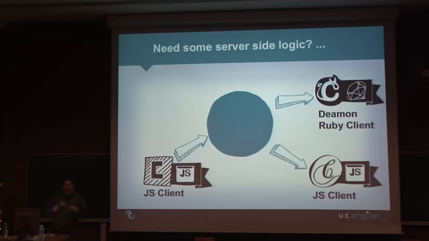But sometimes there are things you can't do with the browser. For example, there is a conversion of PDF to images that you can do with the JavaScript API without having client-side logic. To have this, you write a daemon client in another language to speak with it.